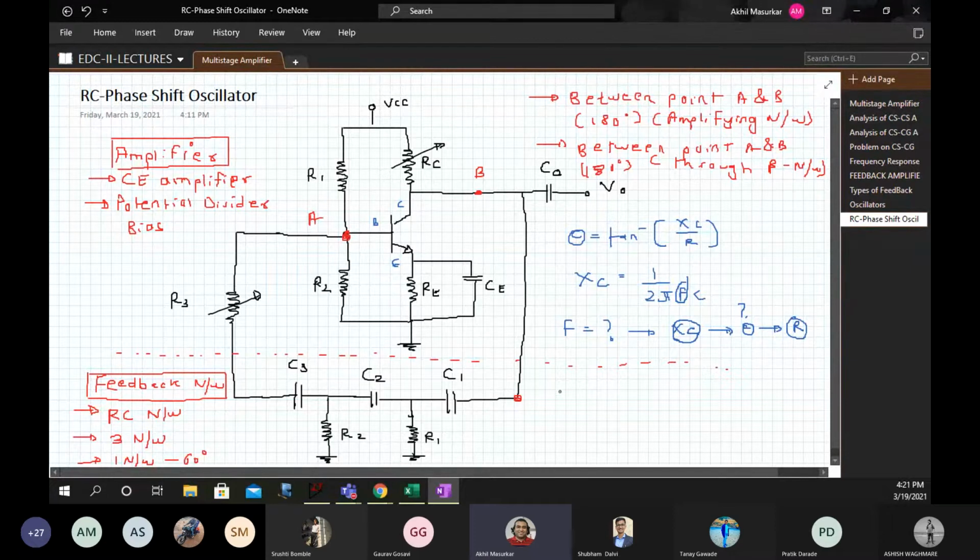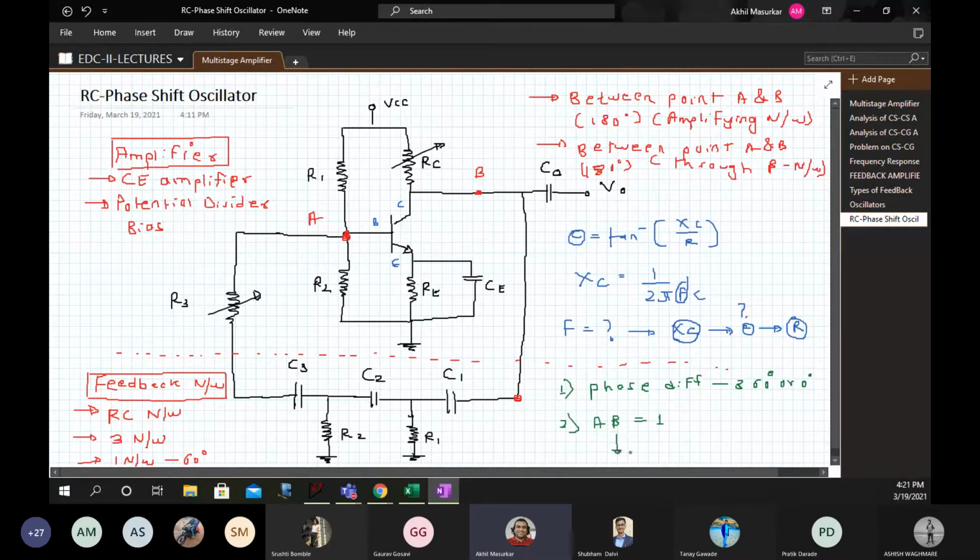So there are two points. One is that the phase difference should be 360 or 0 degrees, and the second criterion is that A beta should be equal to 1.